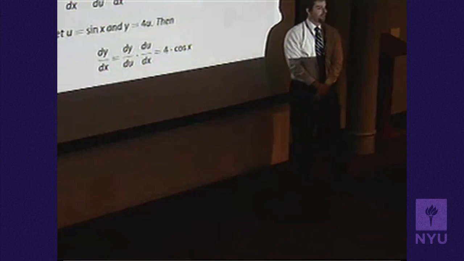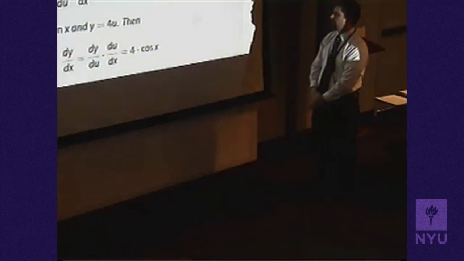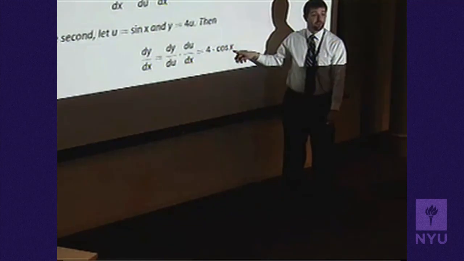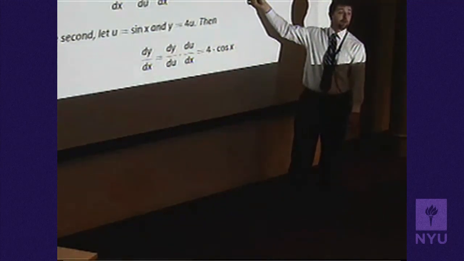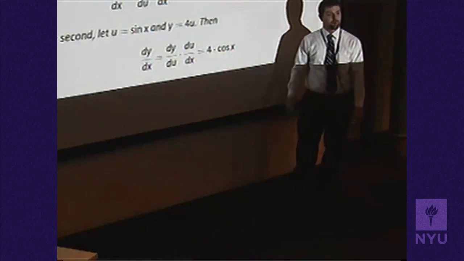Well, if they're the same, then they should be the same at any points I plug in. So what if I plugged in, say, x equals pi over 2? If x is pi over 2, cosine x is 0. Cosine 4x, though, that would be the cosine of 2 pi, which is 1. So these two would not be the same at that point, and so they're not the same function. Okay?